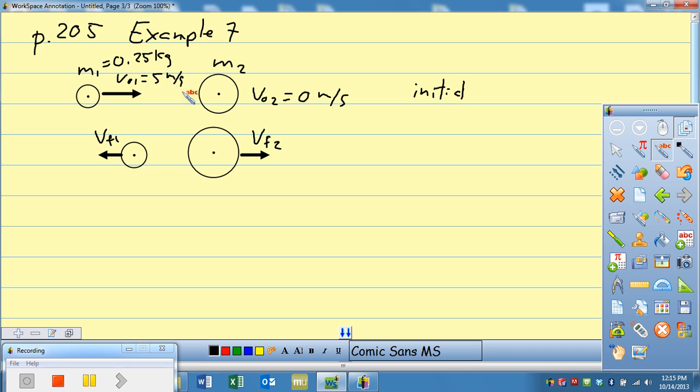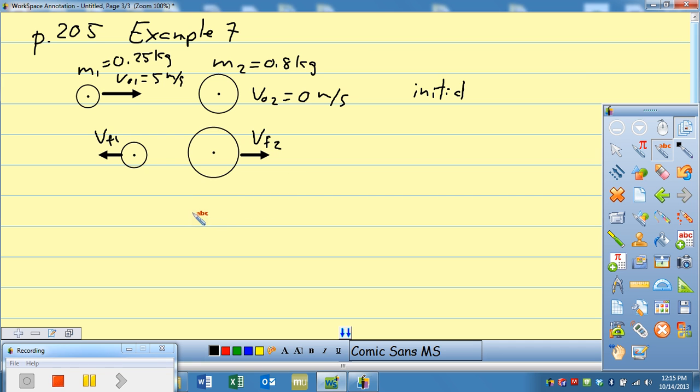The other mass is 0.8 kilograms, and it is at rest, so its initial velocity is 0. No external forces act on the ball, so that's why we can have conservation of momentum. We're also told it's elastic, so we have conservation of kinetic energy. What are the velocities of the balls after the collision?